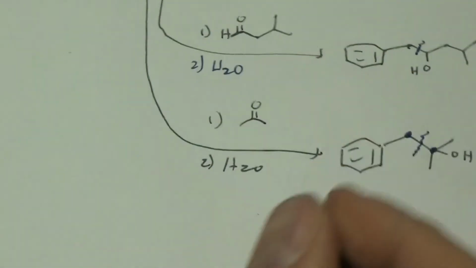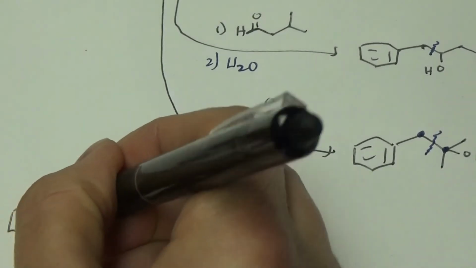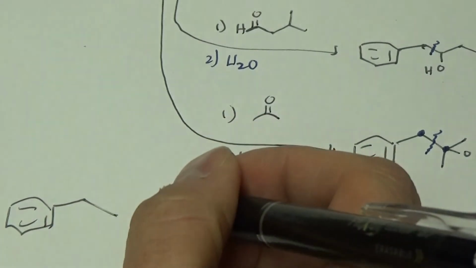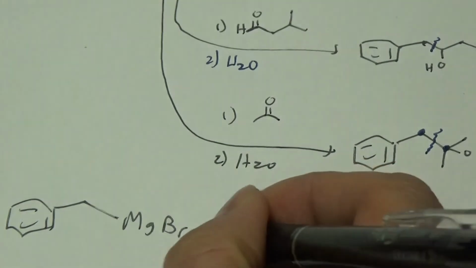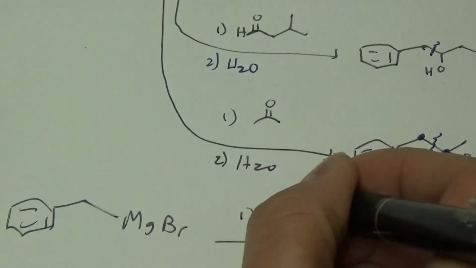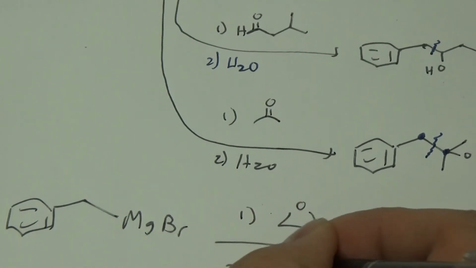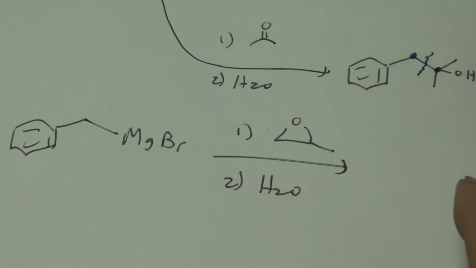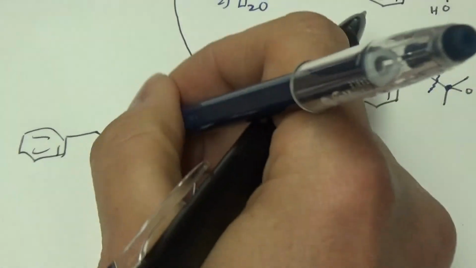Okay, cool. And I'm just going to do one more. I'm just going to redraw my Grignard, and like this random epoxide. Of course. What's the product?